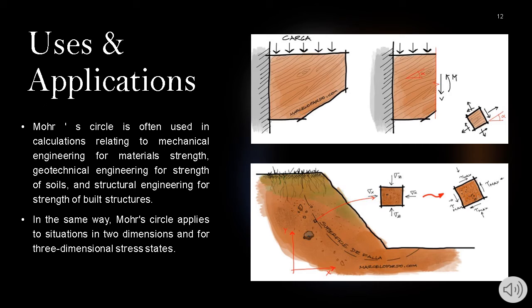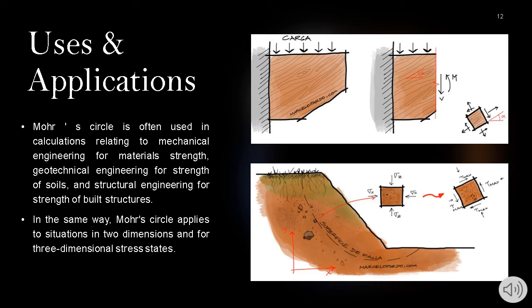The resistance of the wood in directions parallel and perpendicular to the fibers is usually known, and is sometimes different according to the direction, so the stresses found on the vertical face do not help us much to know if the wood resists these stresses. It is then that we must rotate the forces to the direction shown to be able to compare them with the resistance of the material, making use of the Mohr circle.